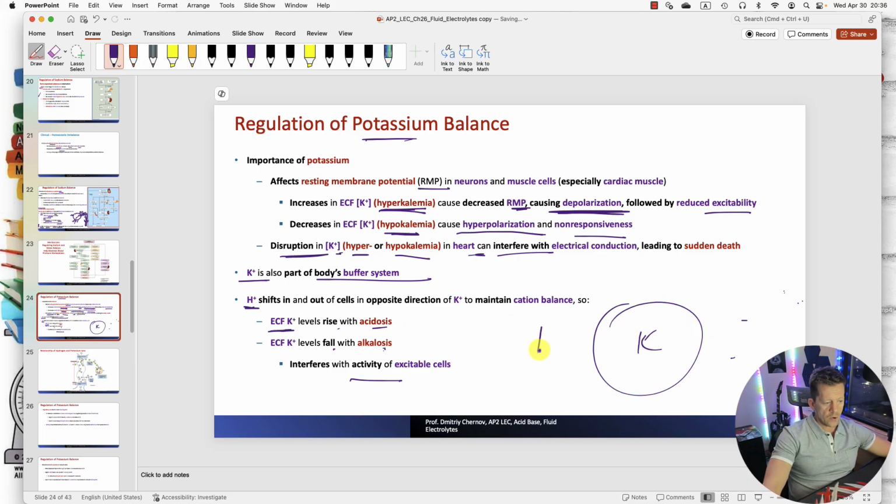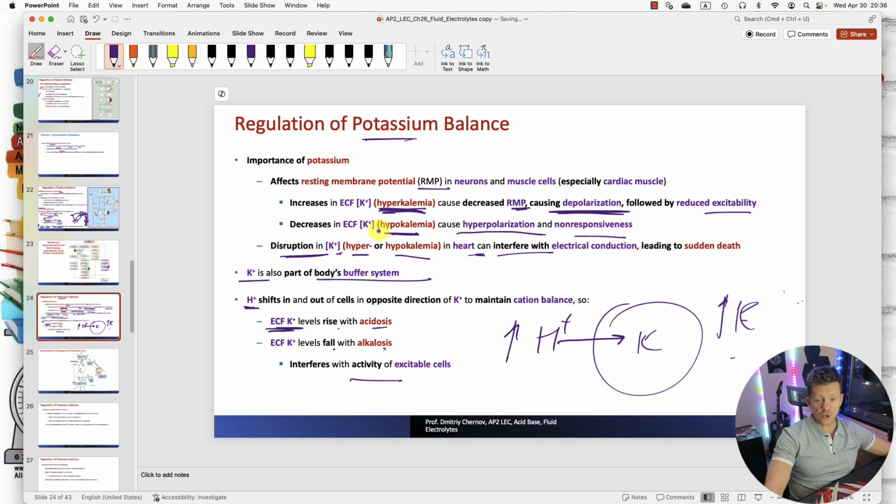Why? Because when there's acidosis, there is a high concentration of hydrogen, the proton. So within the acidosis, the proton pushes out the potassium, and that's why there are high levels of potassium in extracellular fluid. And what is this? That's hyperkalemia.